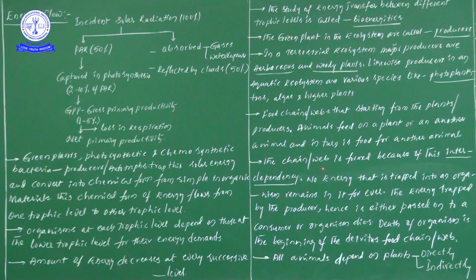Food chain or food web formation takes place. Point you understood or not? No energy that is trapped in an organism remains in it forever. Suppose the energy is present in any organism, that will not be present forever in that particular organism.